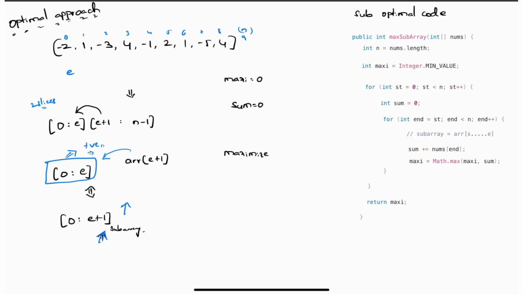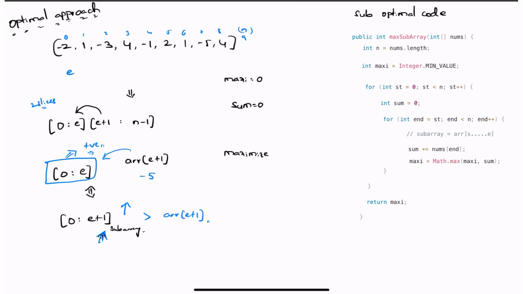Why am I saying that? Let's take the incoming element as minus 5, and this is a positive subarray. Any positive number added to minus 5 will be greater than minus 5 itself. So if it is positive, include the incoming element.